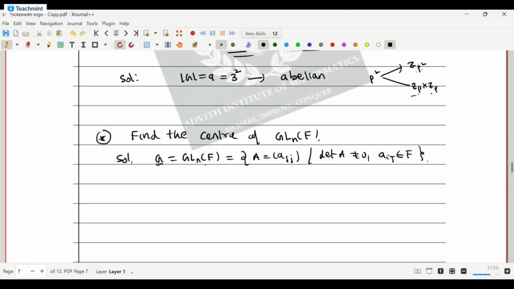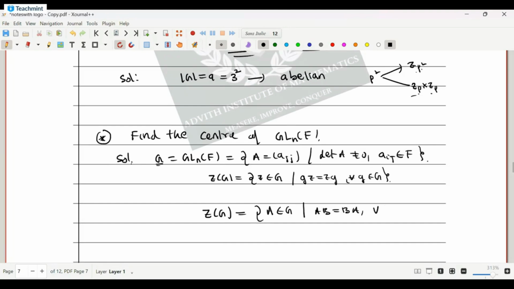Every time I write this. So what is Z of G? Z of G is equal to the set of all z belonging to G such that gz equals zg for every g belonging to G. So Z of G, where G is the general linear group, is equal to the set of all matrices A belonging to G such that AB equals BA.